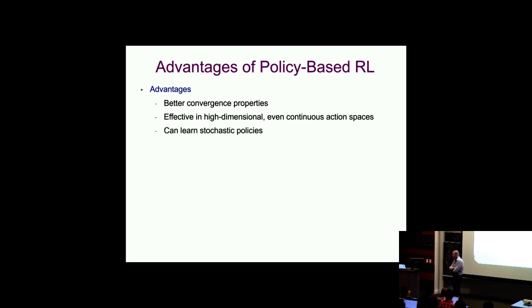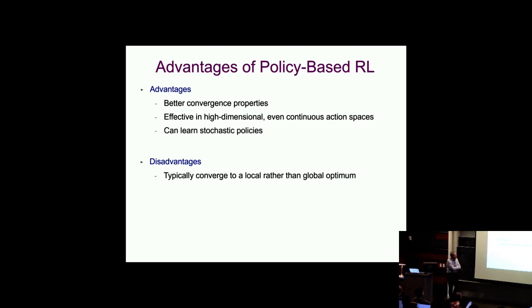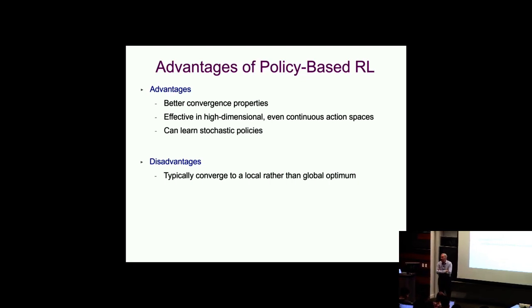But there are cases where we want to learn non-deterministic policies that aren't just choosing random actions, but doing something more sophisticated, and we can do that directly. The main disadvantage is that because we're going to use our old friend gradient ascent search to learn the policy, we have the normal pitfalls of gradient search, which is that we might end up finding a local optimum policy.